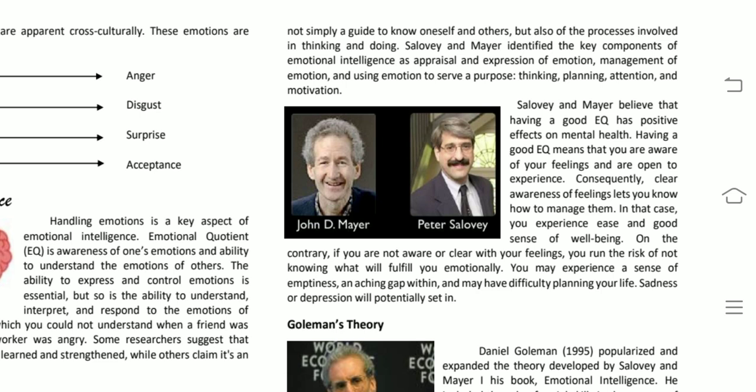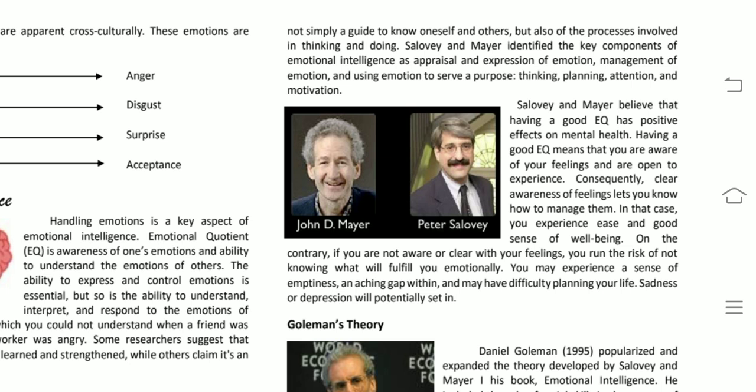So, they identify the different key components of emotional intelligence as appraisal and expression of emotion, management of emotion and using emotion to serve a purpose. Okay? So, the purpose daw, the purpose of emotions are what we call thinking, planning, attention, and motivation, according to them. So, Salovey and Mayer believe that having a good EQ has a positive effect on mental health.